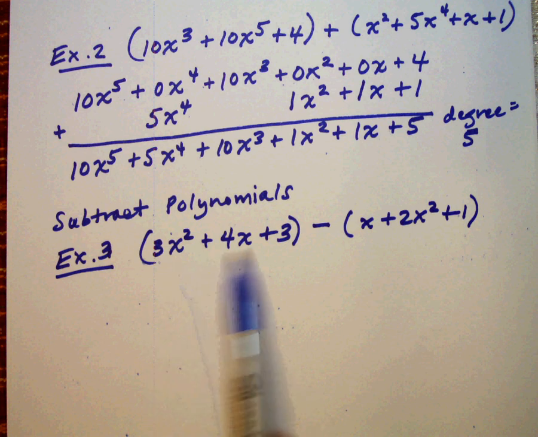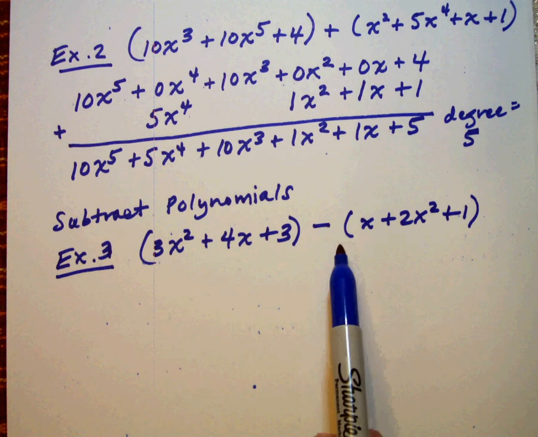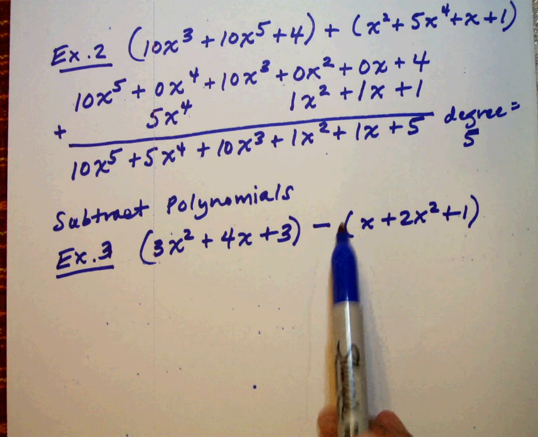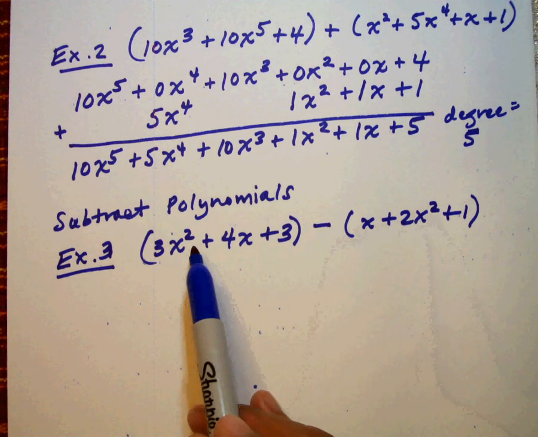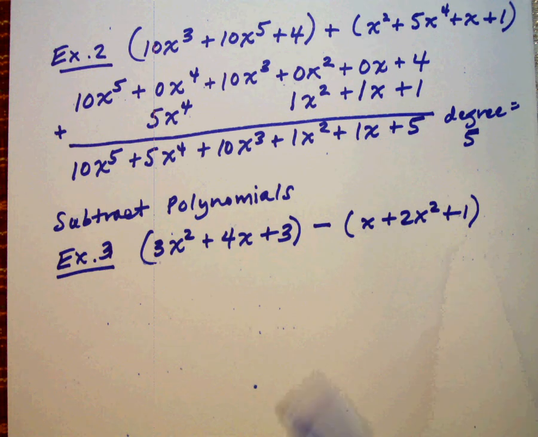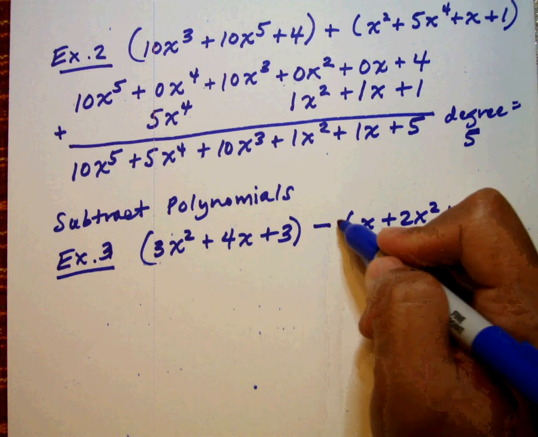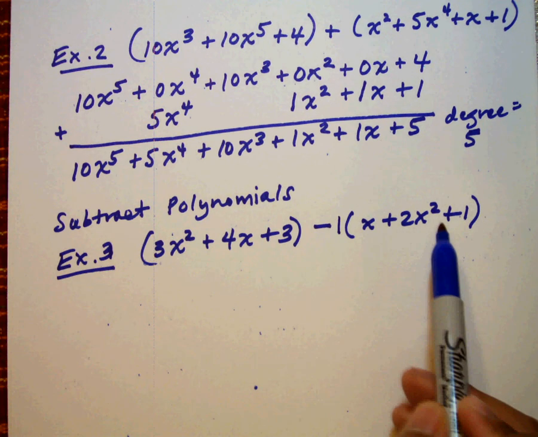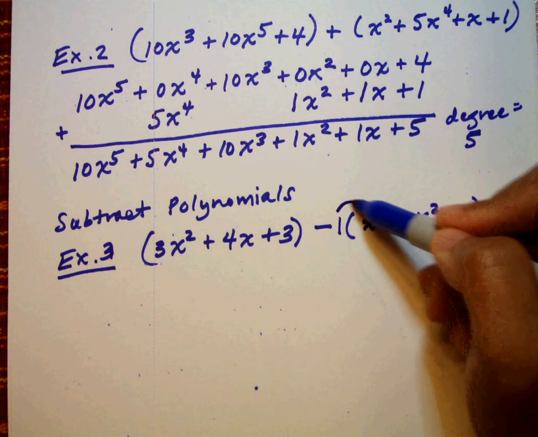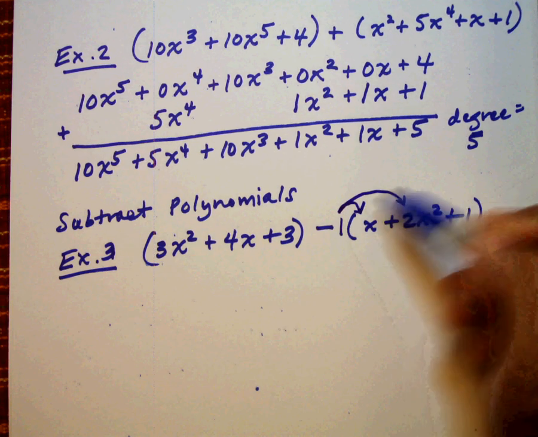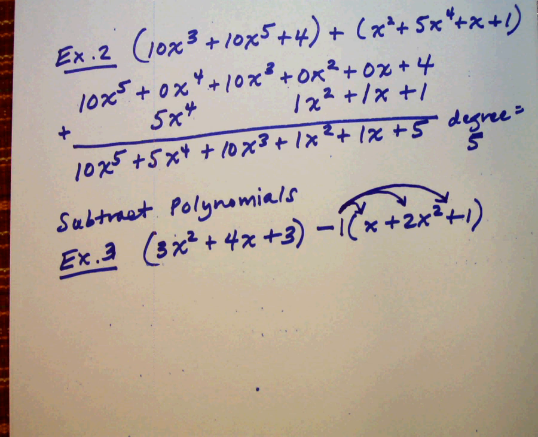You're taking this away from this. But how can you do this as an operation? Imagine there's a 1 in front of the second set of parentheses; this negative 1 can serve as the number to distribute to everything inside the second polynomial. If I do that, all of these signs are going to change.